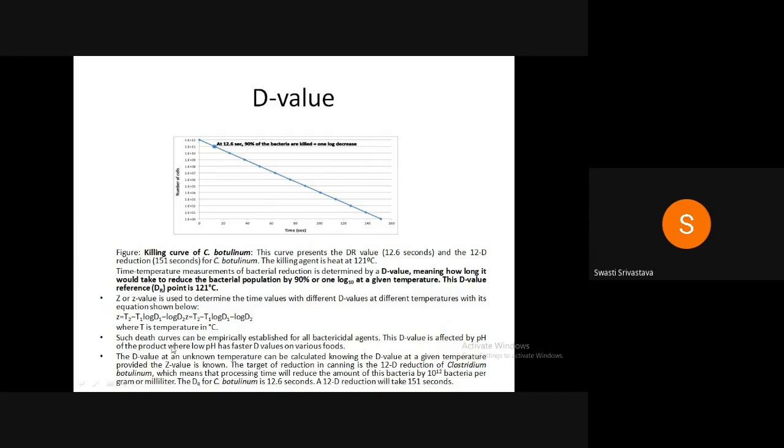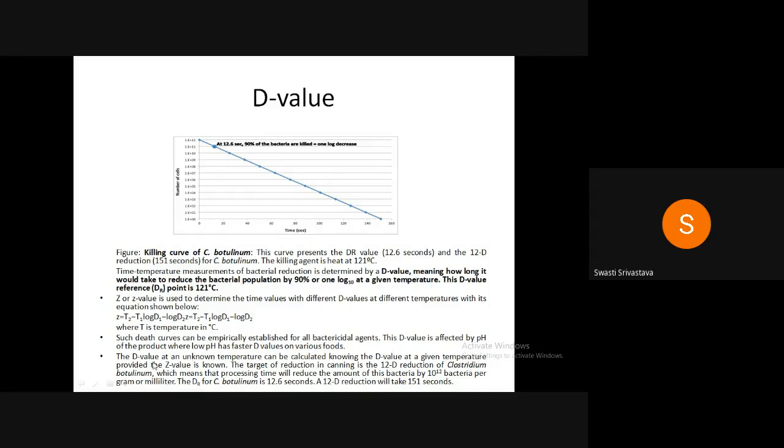So these death curves can be empirically established for all bactericidal agents, whether you are using heat, a chemical or any other substance to kill the microbes. The D value is affected by the pH of the product, where low pH gives faster D values in various foods.